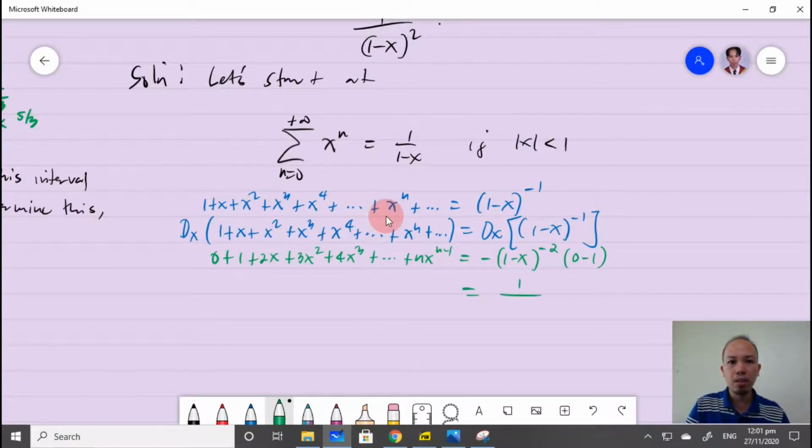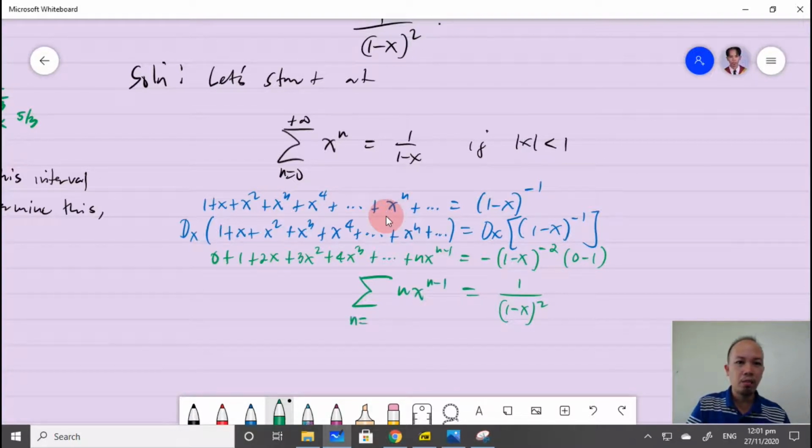Then we bring 1 minus x squared down to the denominator. This side here we can write as a summation. What's the summation form? We know that our nth term is nx to the n minus 1.